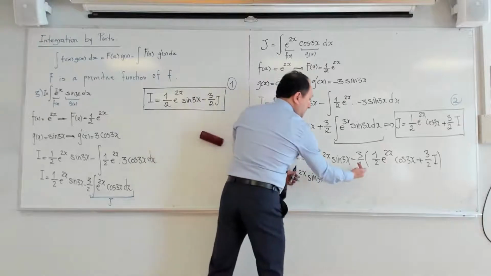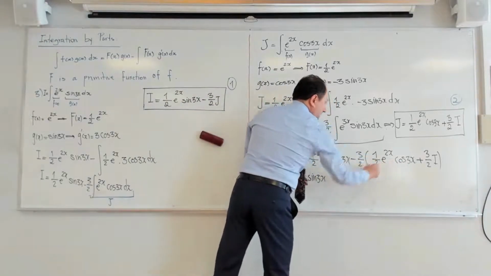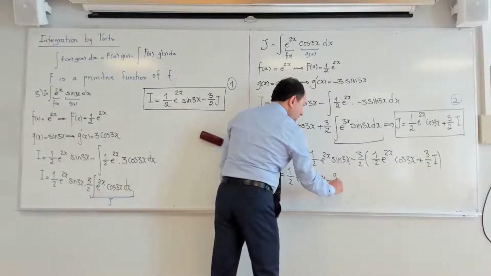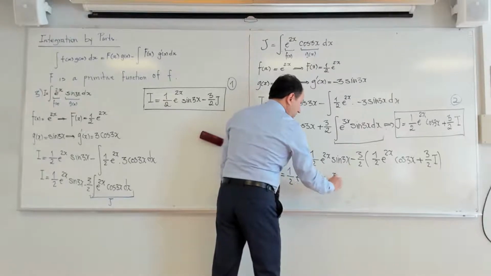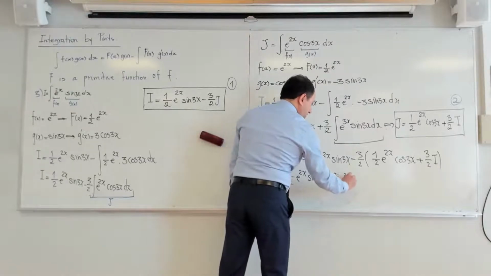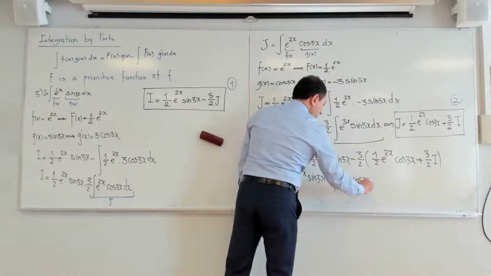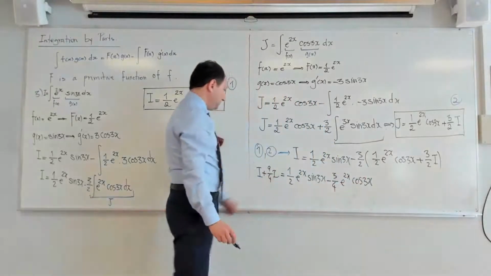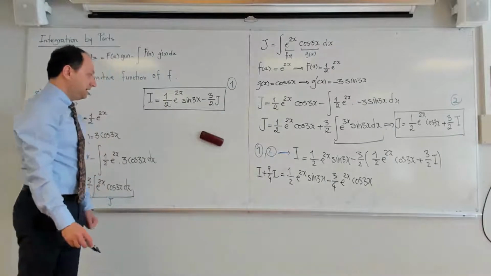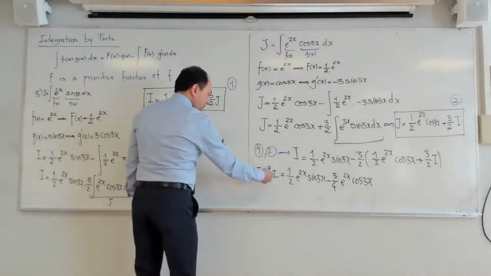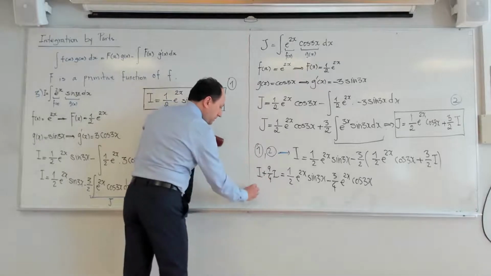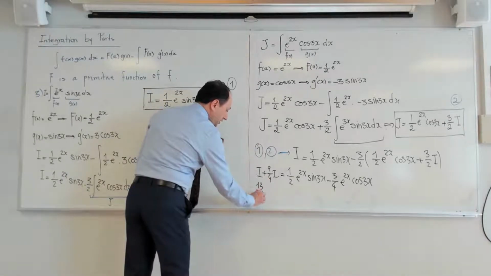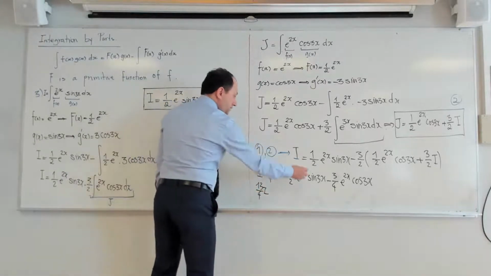And then I have to multiply minus 3 over 2 by the first factor, which becomes minus 3 over 4 e to the power of 2x cosine 3x. Is that understandable? Yes? And now I add these two together. I have 1 I, I have 9 over 4 I extra, so it becomes 13 over 4 I is equal to that expression.